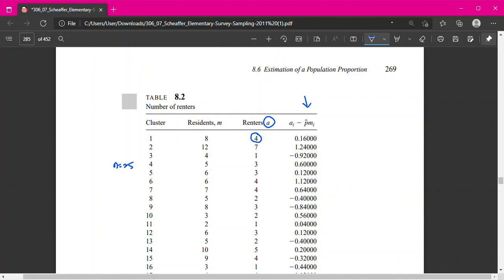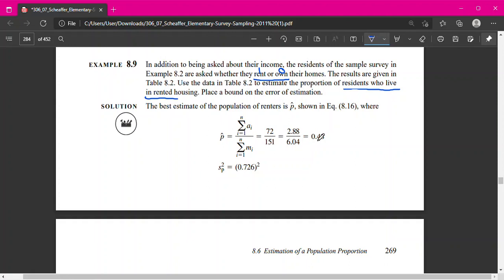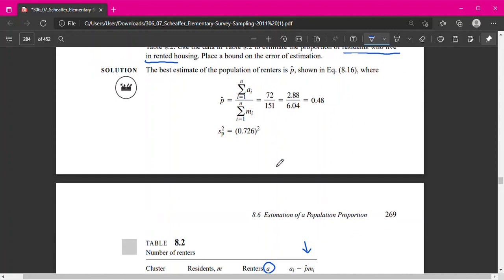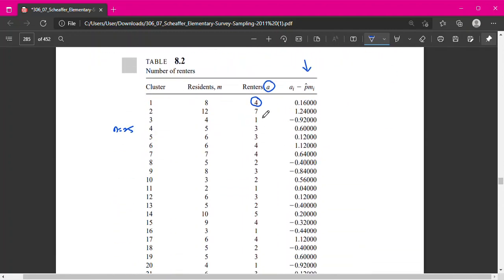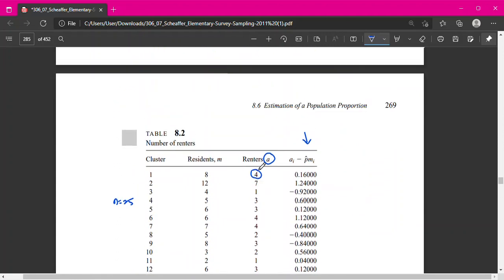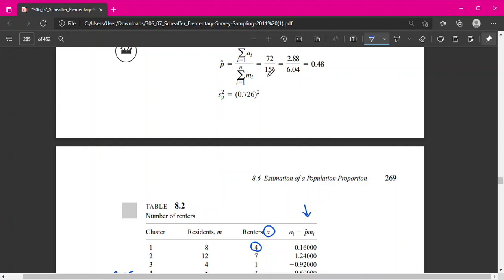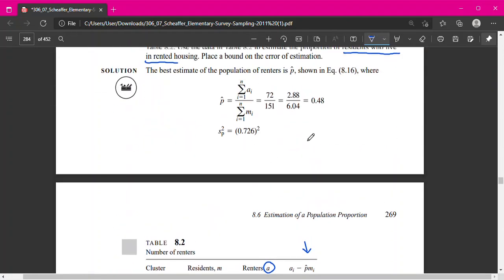Ai minus dengan P hat multiply dengan this Mi. Okay, so we see how to find the P hat first. It is the summation of Ai, which is we total up this column, dapat 70, to divide dengan total up this column, dapat 151. So P hat adalah 0.48.